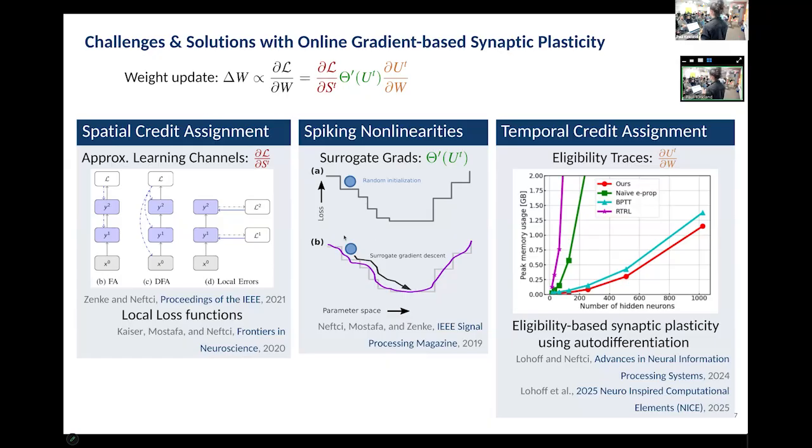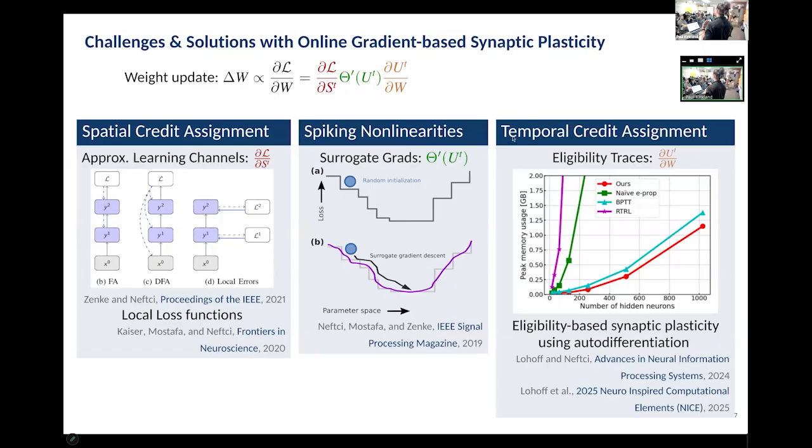This is not completely relevant because I won't be talking much about spiking neurons in the rest of the talk, but we solved the spiking nonlinearity with Friedemann using surrogate gradients. It worked very well in practice. It's just a single line. Who would have known that we can train spiking networks with a single line of code. And then the temporal credit assignment, which is the story of eligibility propagation.